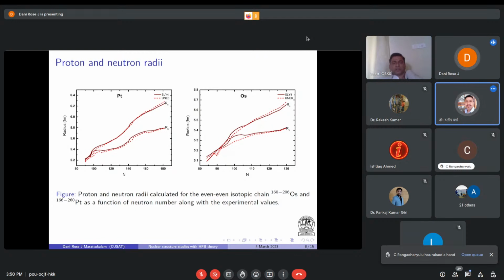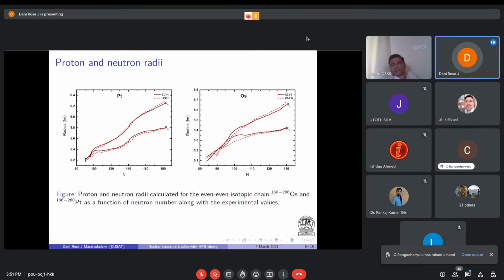She must be calculating the density distribution, and from there she may have taken the central radius. This is calculated from the density distribution of the protons and the neutrons, but this is not for a single proton and neutron. This is the radii for these isotopes, charge radii or mass radii, you can say, increasing with the number of neutrons.